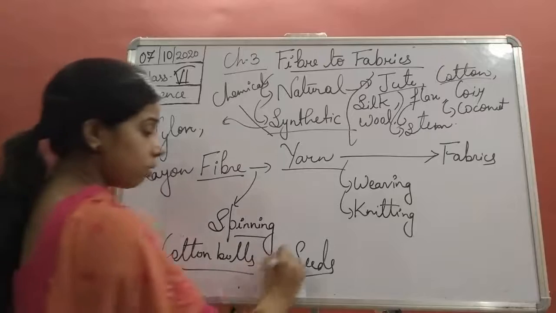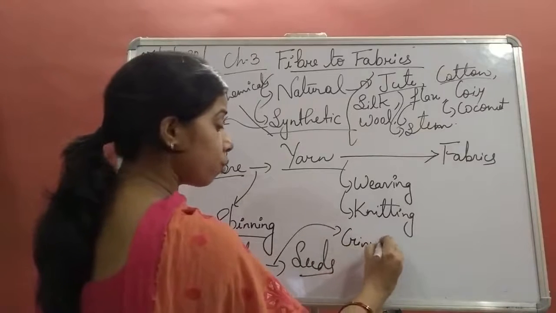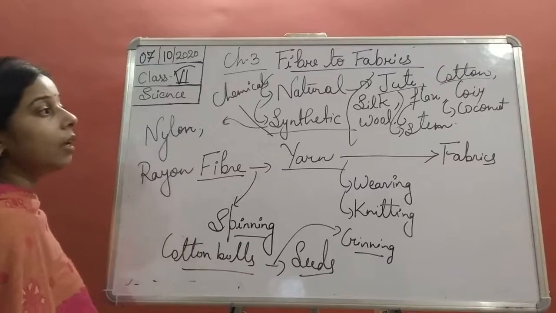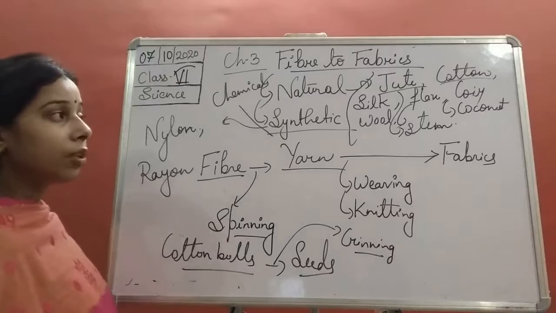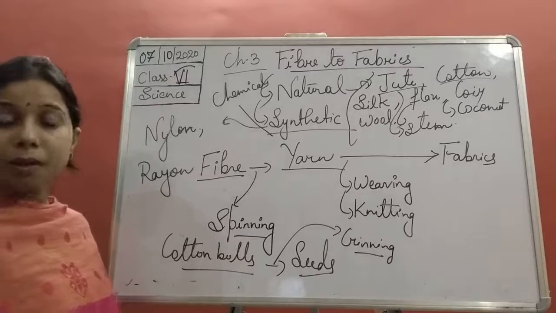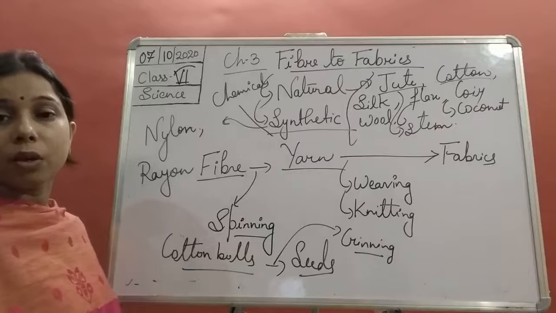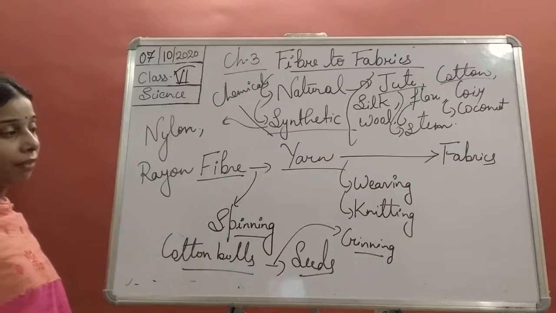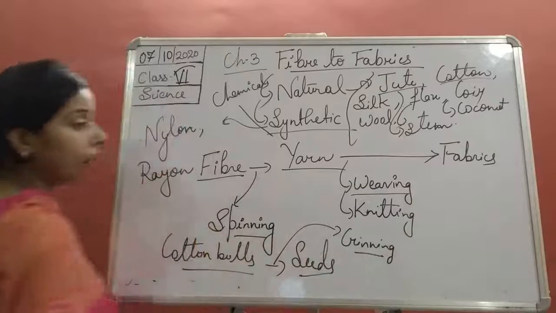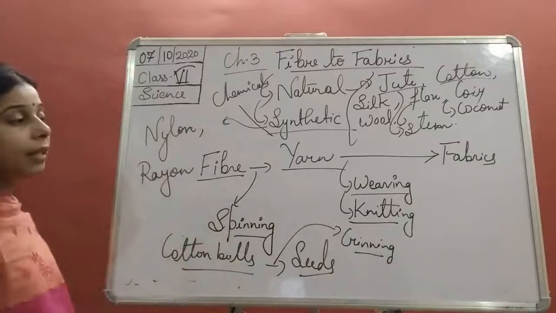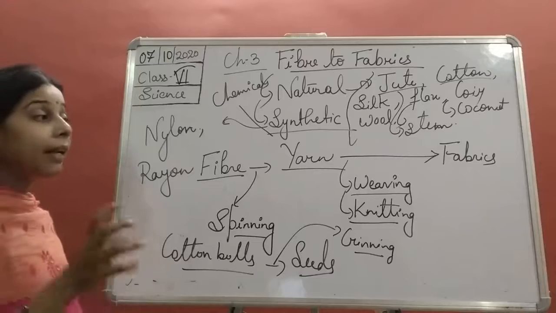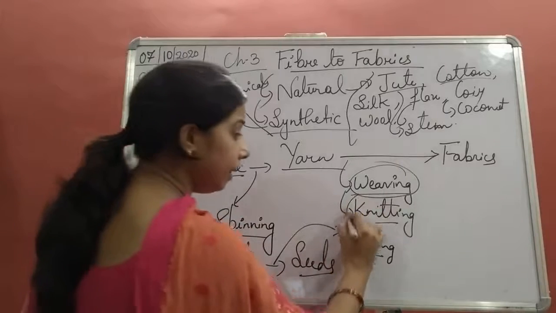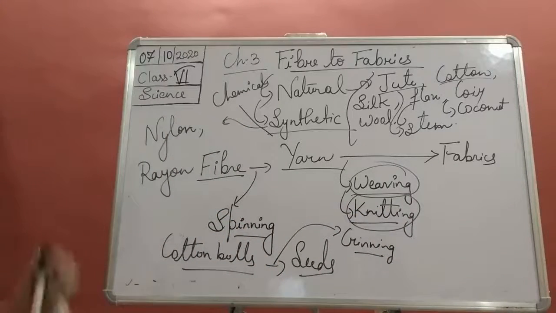By the process of ginning, we separate the seeds from the cotton ball, and finally this cotton is spun together to form cotton yarn, which later is used as cotton fabric. If we talk about fiber to fabric, students, I told you that yarn to fabric involves two types of steps. It can be by the process of weaving, it can be by the process of knitting. You see?